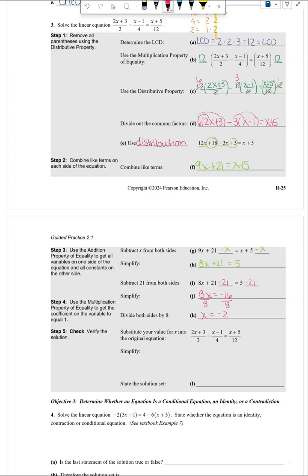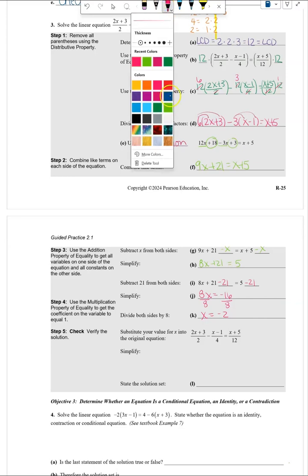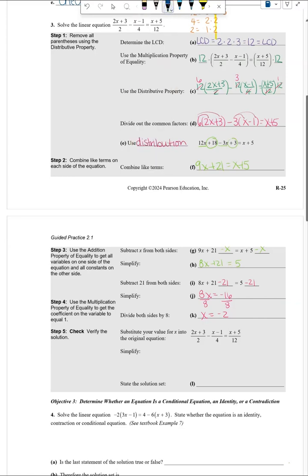Okay. So now we're going to substitute our value in and make sure it's correct. I'm going to have to write kind of little. Let's pick a different color. So if we have 2 times the negative 2 plus 3, all over 2 minus negative 2, minus 1 over 4, that should equal negative 2 plus 5 over 12.